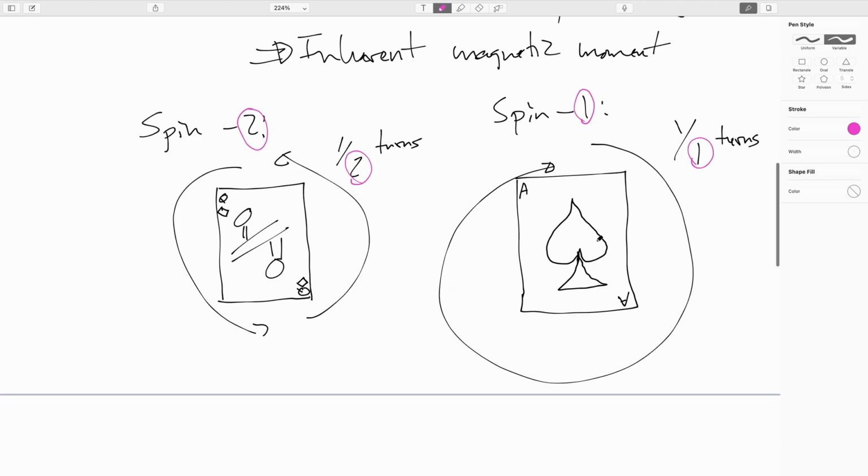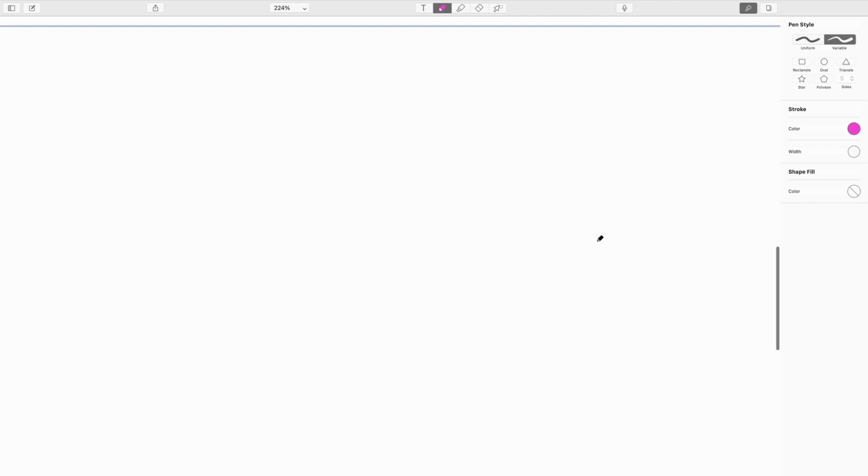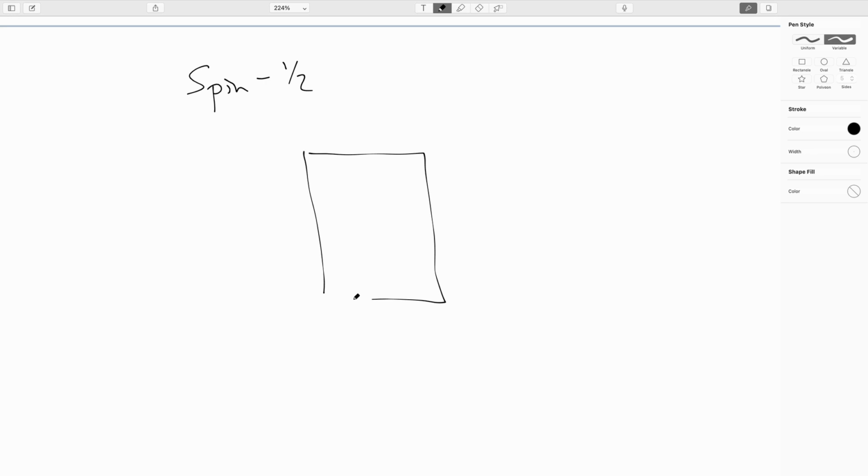So what would spin 1/2 look like? Well, the playing card analogy breaks down horribly. Whatever it would look like, it would be something that if you rotated it through one churn, it wasn't good enough.